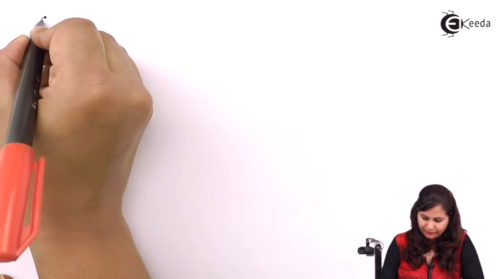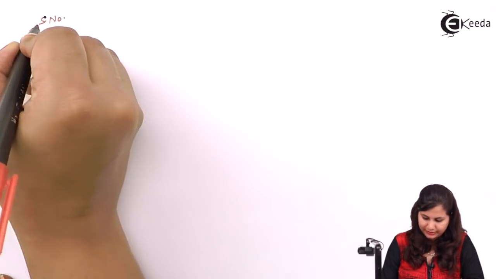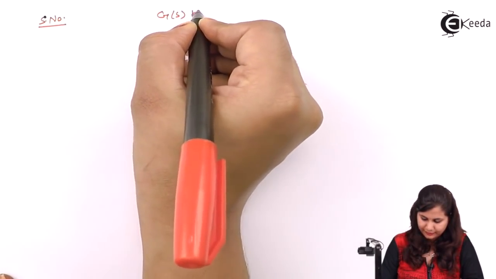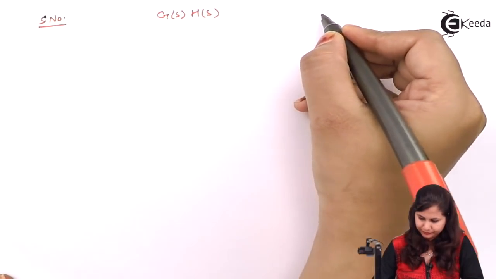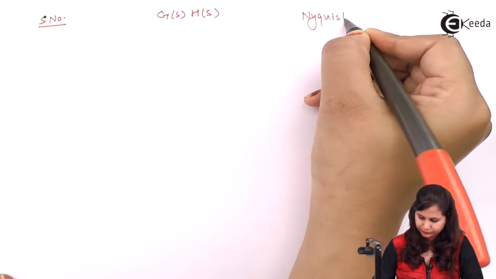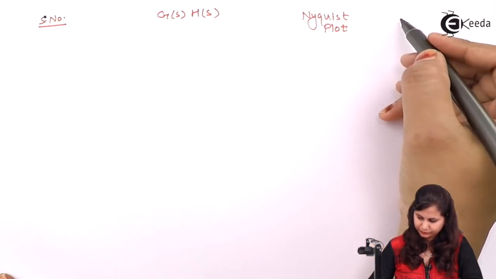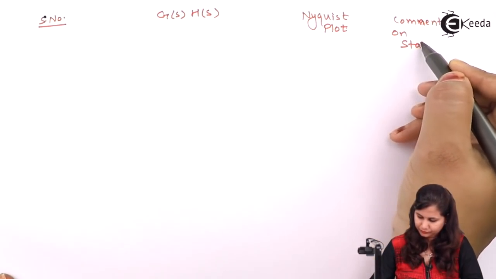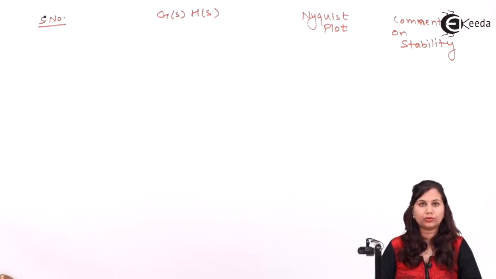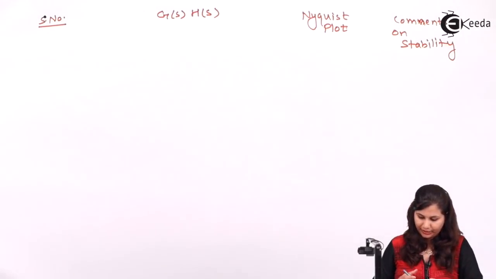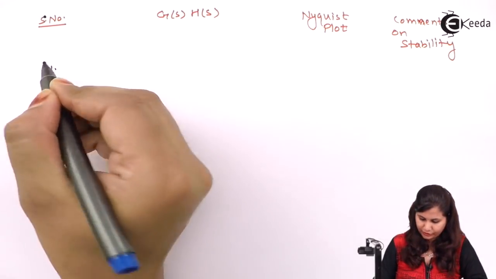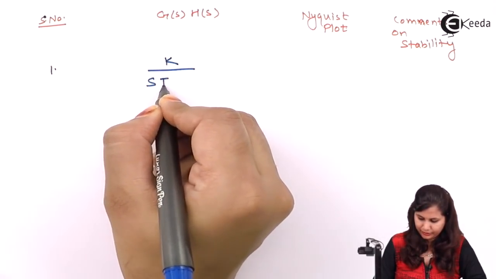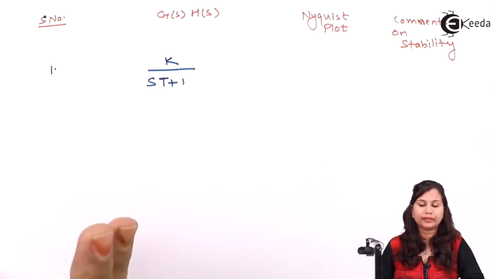So here we have the serial number, and then this is G(s)H(s). First, we have the transfer function as K upon (sT + 1).